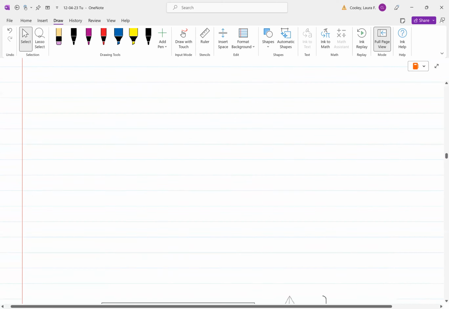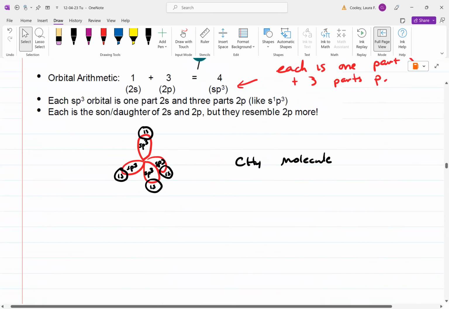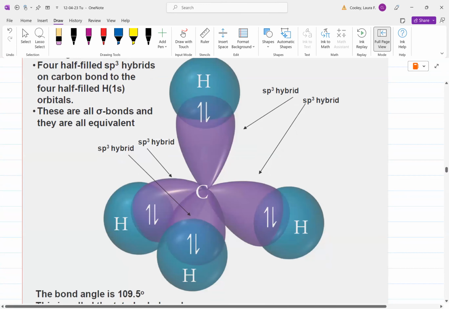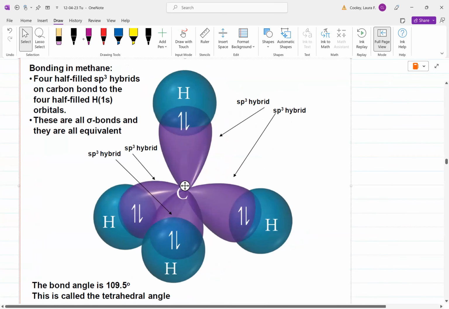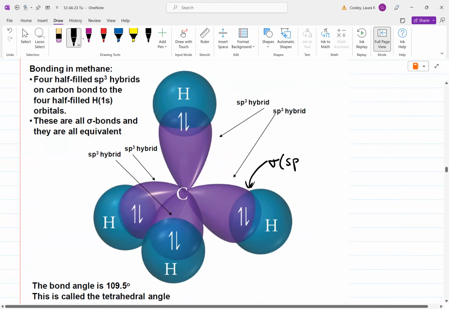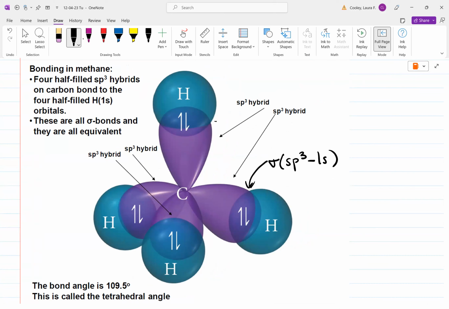Okay, so let me draw that over here too. Actually, there's a nice picture I gave you right here. So here's your 4 sp3 hybrids. And now you have a sigma bond between sp3 and 1s. And you have 4 of them. Each of these is that.